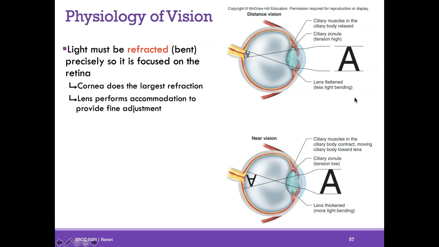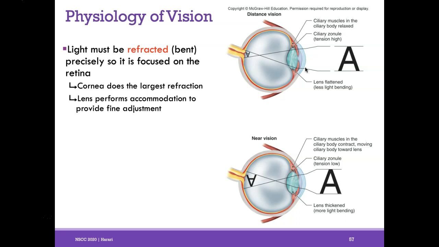So what's going to be able to refract that light? How are we going to take what's out here and make sure that it hits right over here? It's almost like using a series of mirrors to refract a beam of light in just the right position. So the cornea does a lot of refraction, and you can read a little bit more about what the refractive index is.